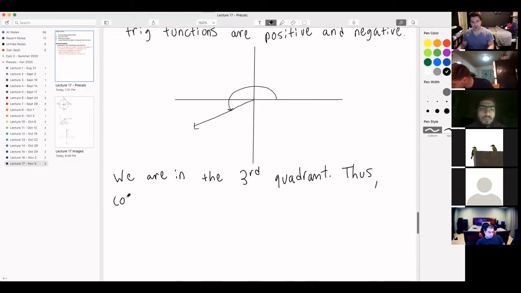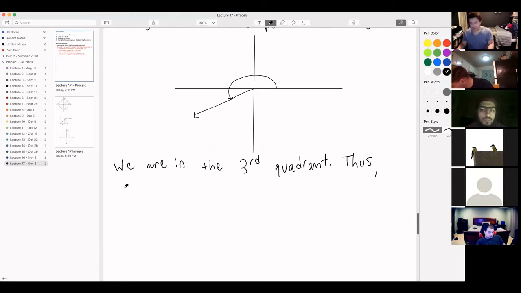Thus, tangent of theta and cotangent of theta are positive, and the rest are negative.